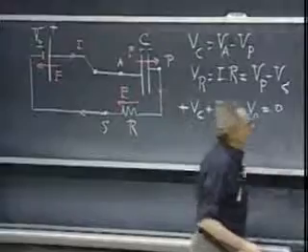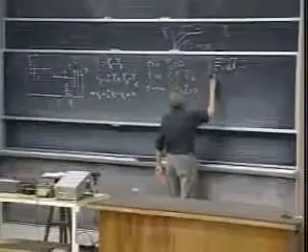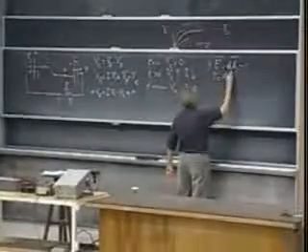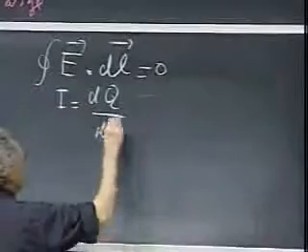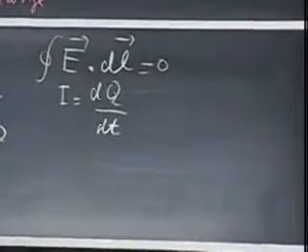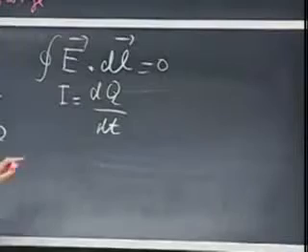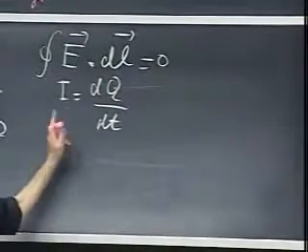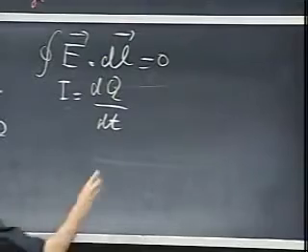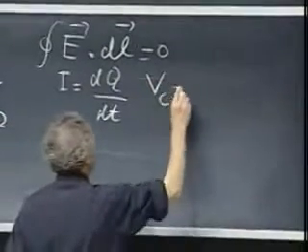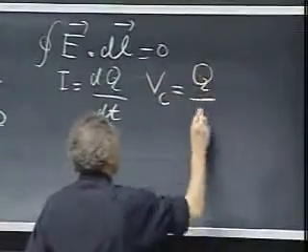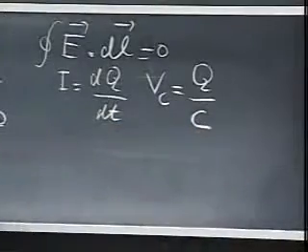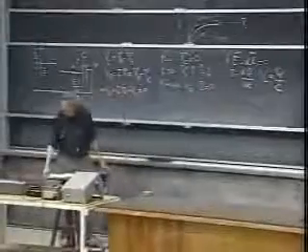And I can write it differently because I know that the current I is dq/dt, Q being the charge on the capacitor. It's only if that number changes, if the capacitor is either charging up or discharging, that there is a current flowing. And in addition, I know that V of C is Q divided by C. That's the definition of capacitance.